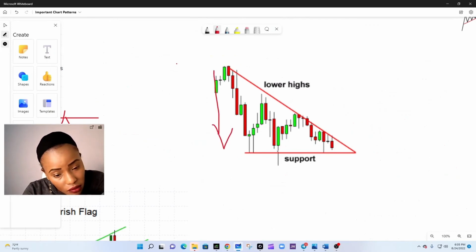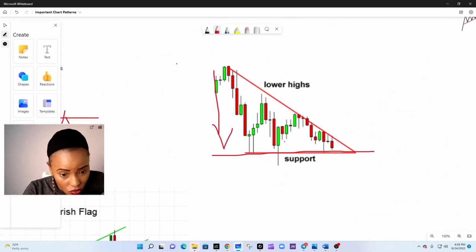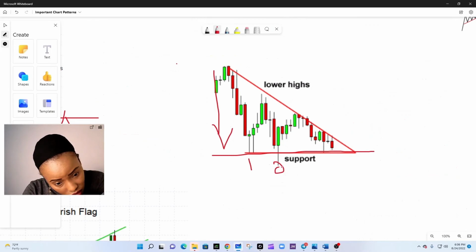Then what happened? Price hit this support area and failed to take it out. So price touched the support area at least 3 times. This was the first touch, this was the second touch, and this was the third touch.